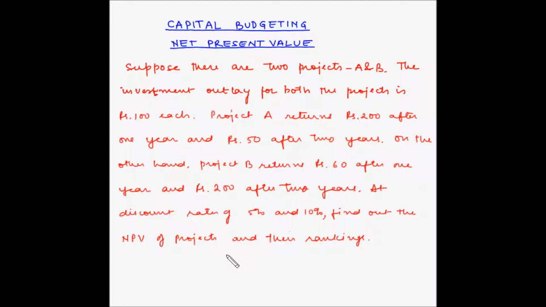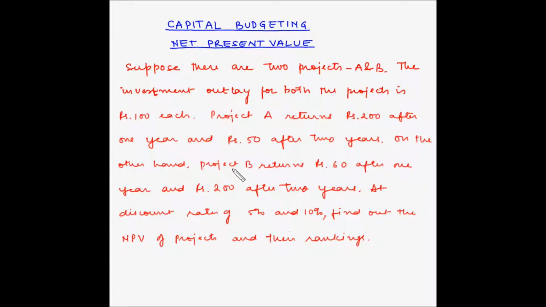Suppose there are two projects A and B. The investment outlay for both the projects is rupees 100 each. Project A returns rupees 200 after 1 year and rupees 50 after 2 years.